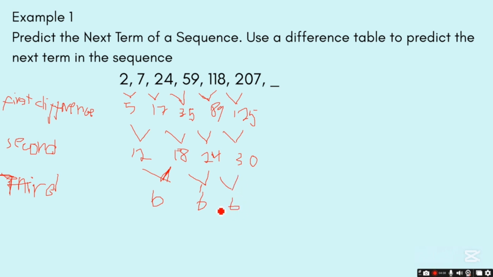So to make it simple and find the missing term, we can just add the last term of each difference. 6 plus 30 plus 89 plus 207 is equal to 332. And this is the missing term.